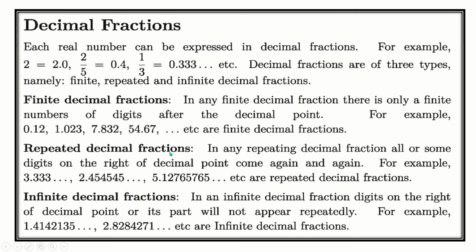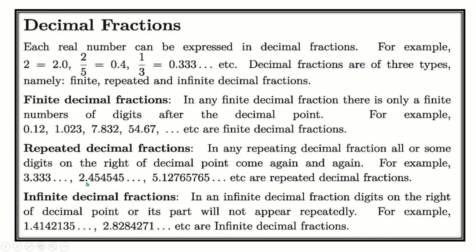Repeated decimal fractions: after the decimal point, a digit or group of digits will be repeated again and again. As for example, here only one digit is repeated after the decimal point. Here 3 is repeated again and again.